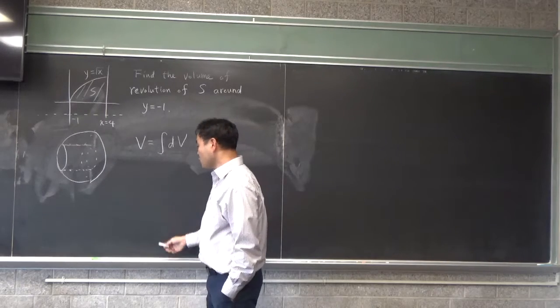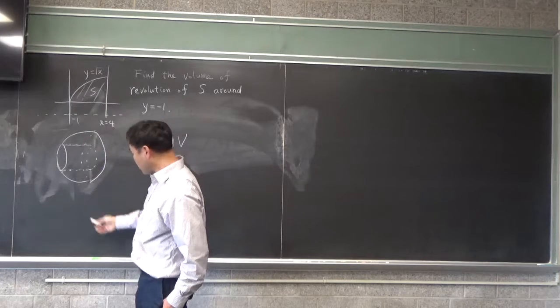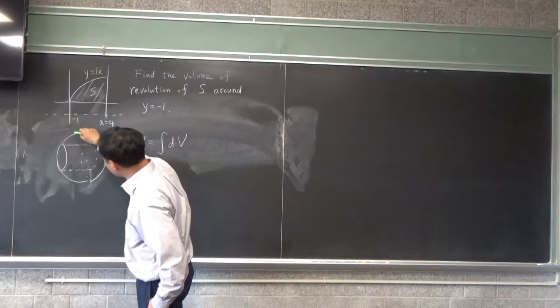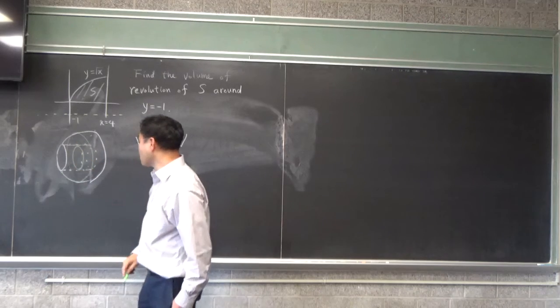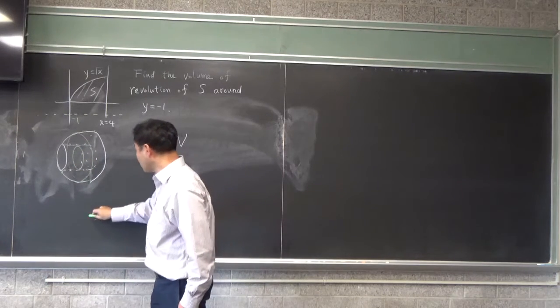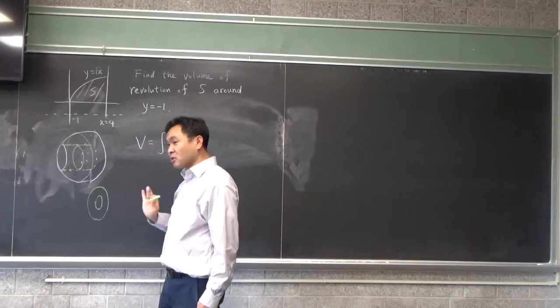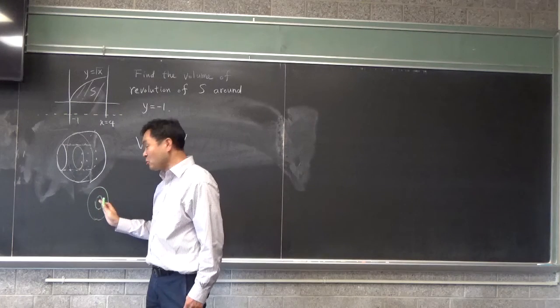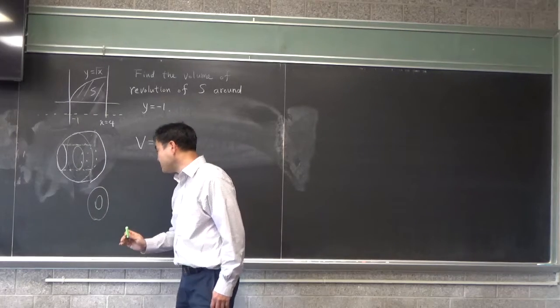And by doing washers, I mean I'm trying to cut it in this direction so that the cross sections will look like a circle with another circle in there, just like this. These are circles. You're viewing from the side, that's why it looks like an oval, but these are actually perfect circles viewed sideways.